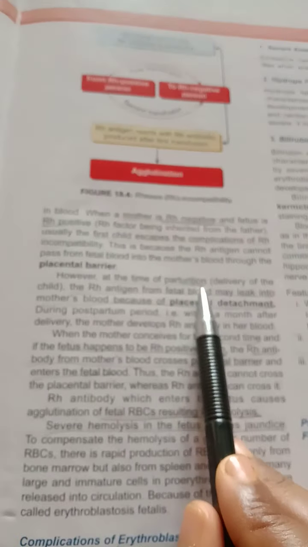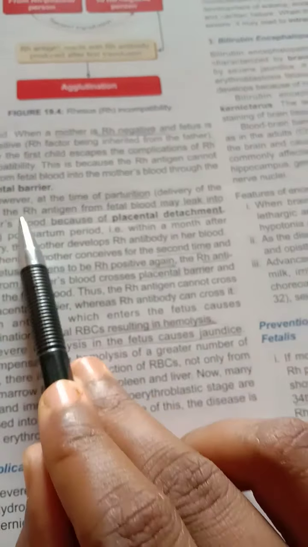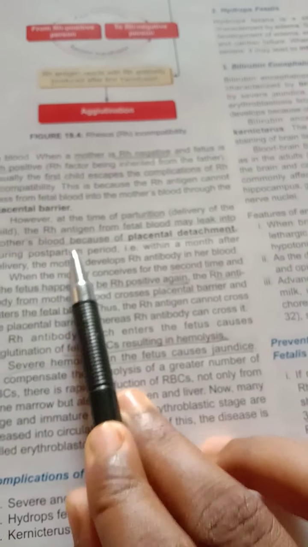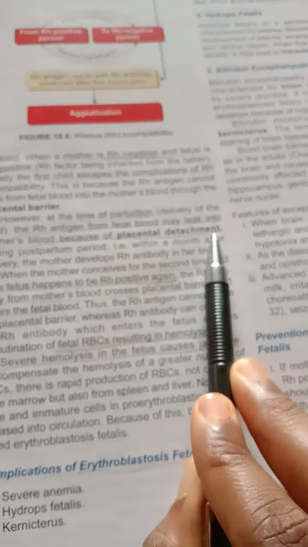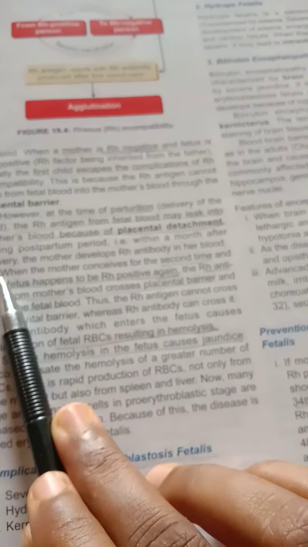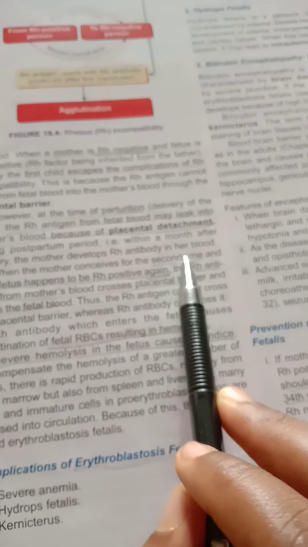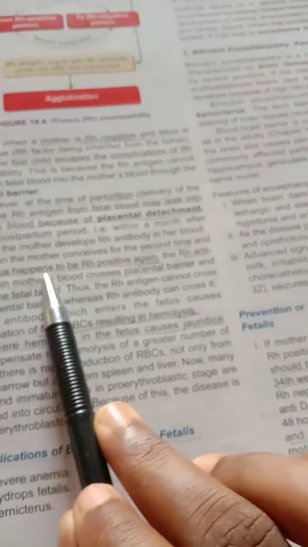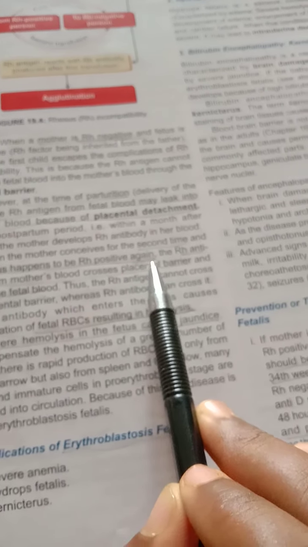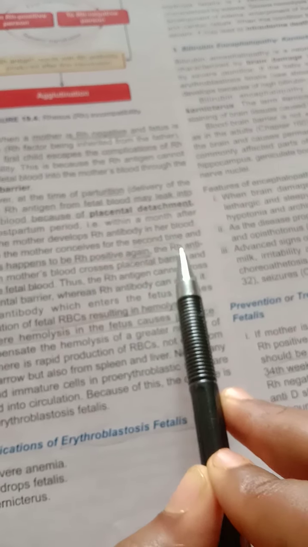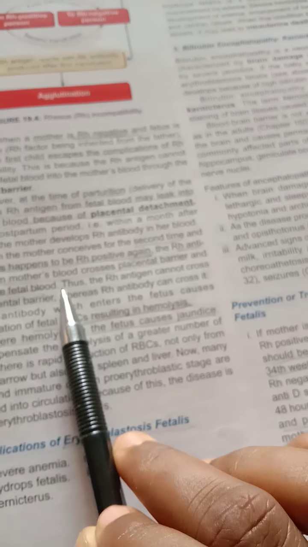However, at the time of parturition, the Rh antigen from the fetal blood may leak into the mother's blood because of the placental detachment. Postpartum period, within a month after delivery, the mother develops Rh antibodies in her blood. When the mother conceives for the second time, if the fetus happens to be Rh positive again, the Rh antibodies enter the fetal body.